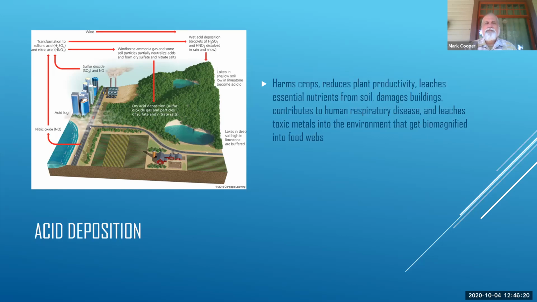And so what happens is we get pollutants up in the air, and it comes back down as acids, sulfuric acid and hydrofluoric acid, and those will do damage. They harm crops, they harm plants, they kill lakes and streams. It's hard for the respiratory system. And so this is definitely a problem.